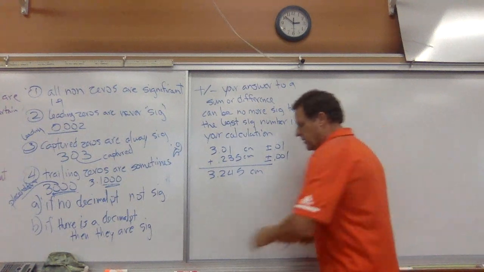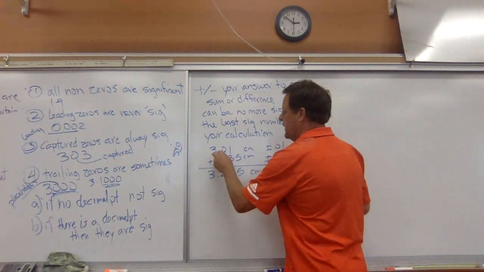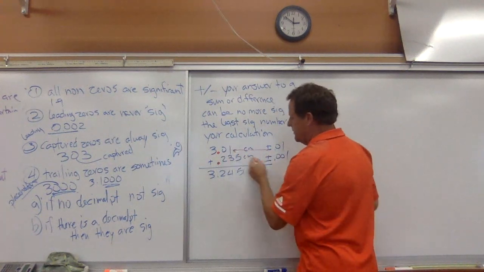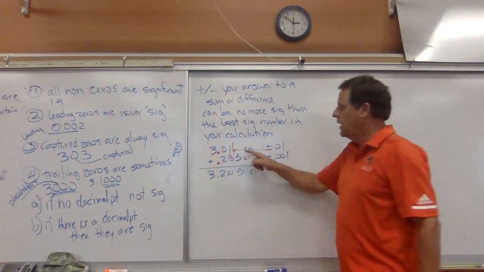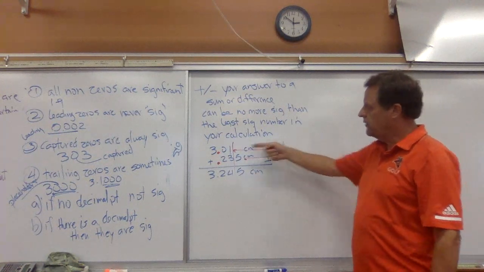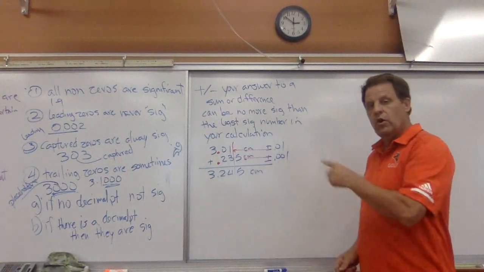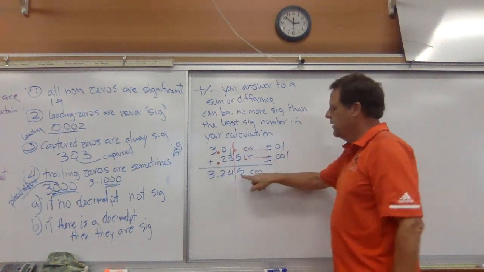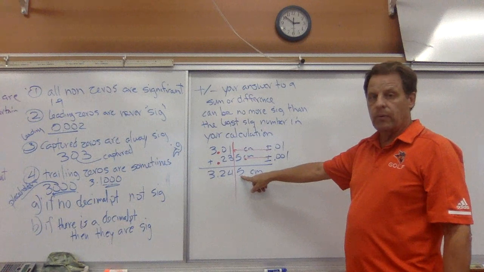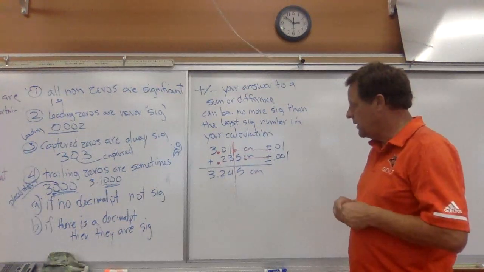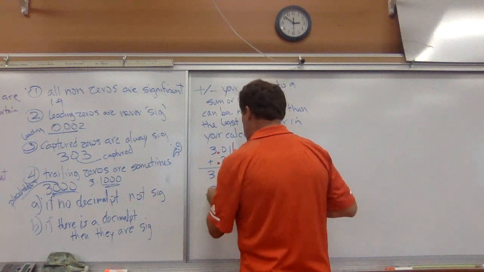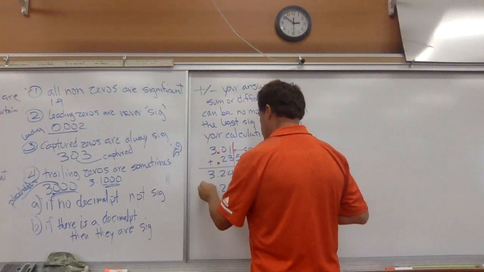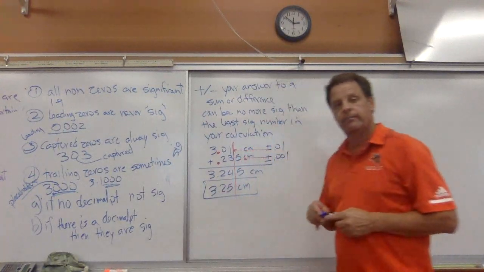Now, one way to think about this is if we line up our decimal points, and then we can just go from right to left here, and however far this arrow goes to the left, whichever one goes farthest to the left, that's going to be the least precise. So now we could take this line down here, and we could say, does the 5 round up or down? And if we say that it rounds up, then our answer would be 3.25 centimeters. And that would be the answer.